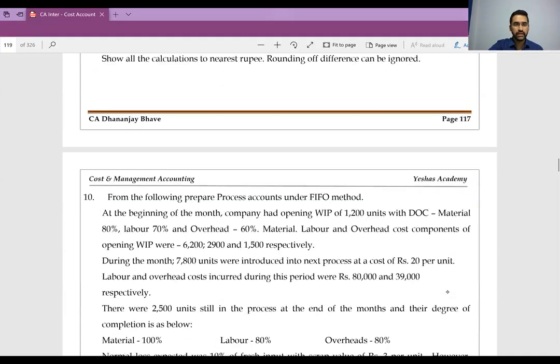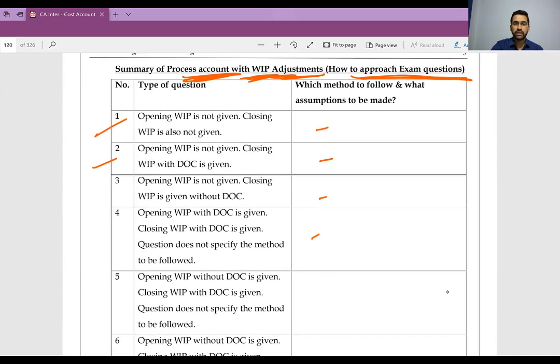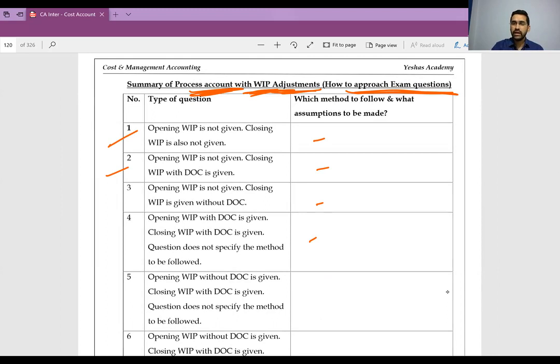Next is question 9, 10, 11. Yeah, after this, I have prepared a small table. Here, I have made a summary. It's a summary of process account problems with WIP adjustment, how to approach exam questions. I have listed out the type of question, which method to follow, and what assumptions to be made.